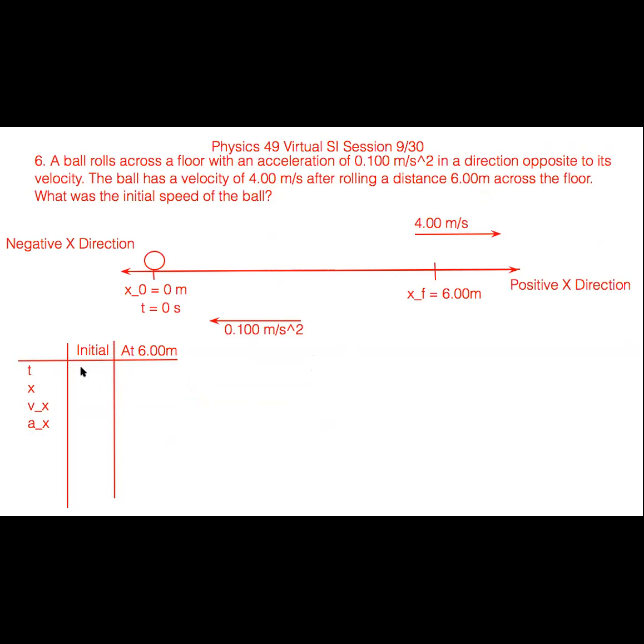Do we know the time initially? Well, the initial time is the initial time of the motion, and if the motion is starting at a certain point of time, it will probably be easy to have that point be equal to 0. Exactly. So 0.